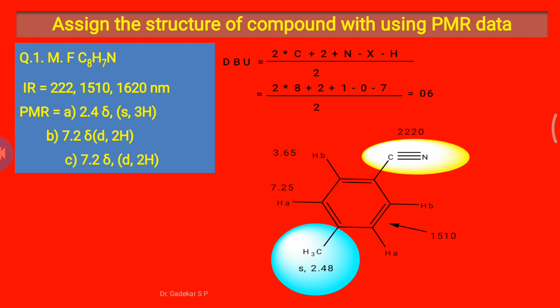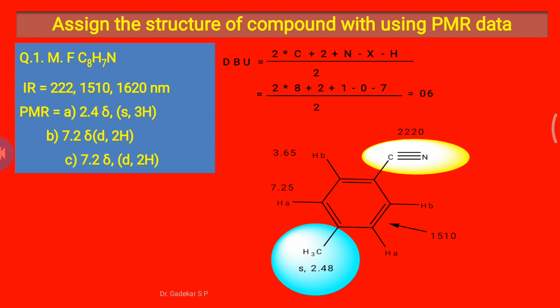Now calculate the double bond unsaturation: 2 times 8 carbon atoms plus 2 plus 1 nitrogen minus halogen 0 minus hydrogen 7, divided by 2, gives 6 degrees of unsaturation.